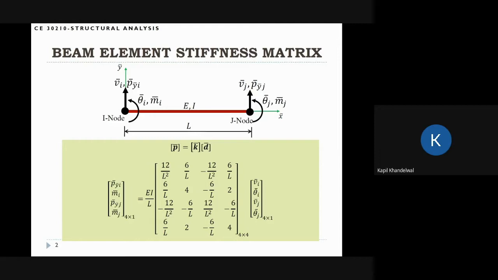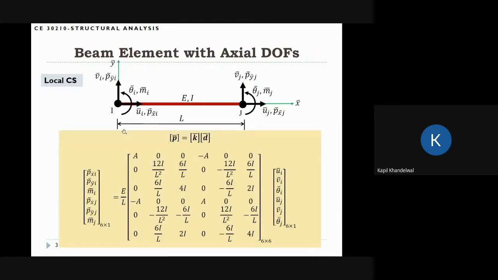And now what we want to do is add the axial degrees of freedom to this beam element. We have already talked about the fact that the axial effects are uncoupled from the flexural effects for a beam element. If we work in the local coordinate system, the axial effects mean we are looking at the effect of the axial degrees of freedom. Here I'm calling ui and uj the axial degrees of freedom.